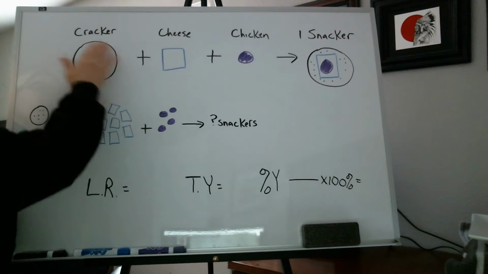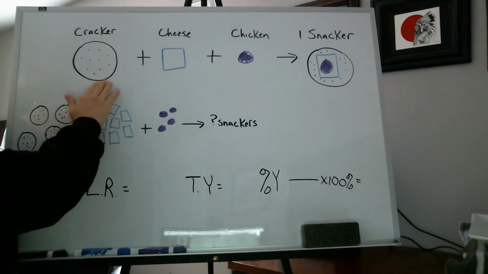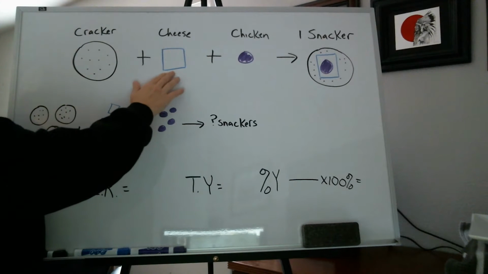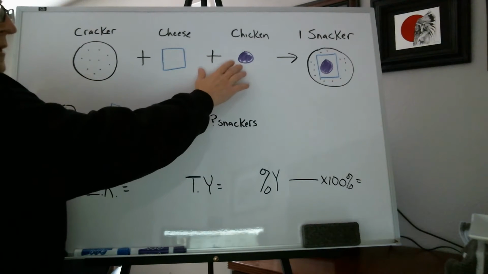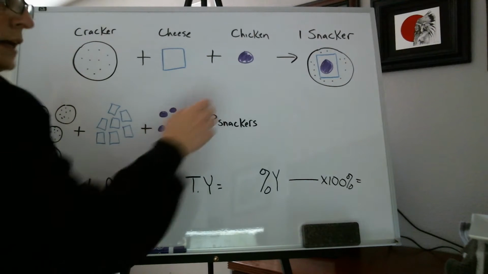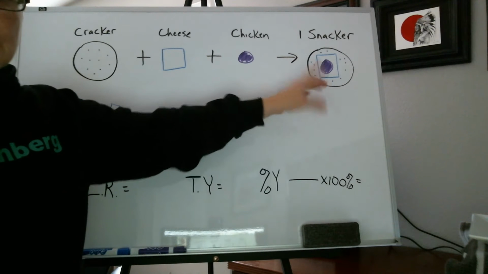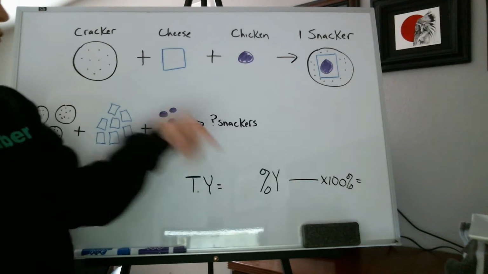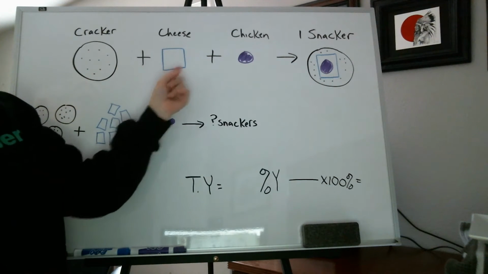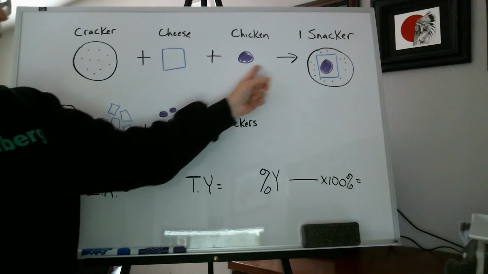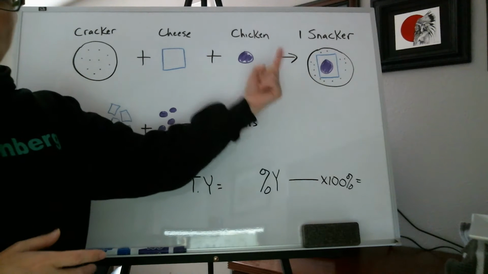If I take one cracker and one piece of cheese plus one piece of chicken, and I put those all together, I've created what I call a snacker. With one cracker, one piece of cheese, and one piece of chicken, I can make one snacker.